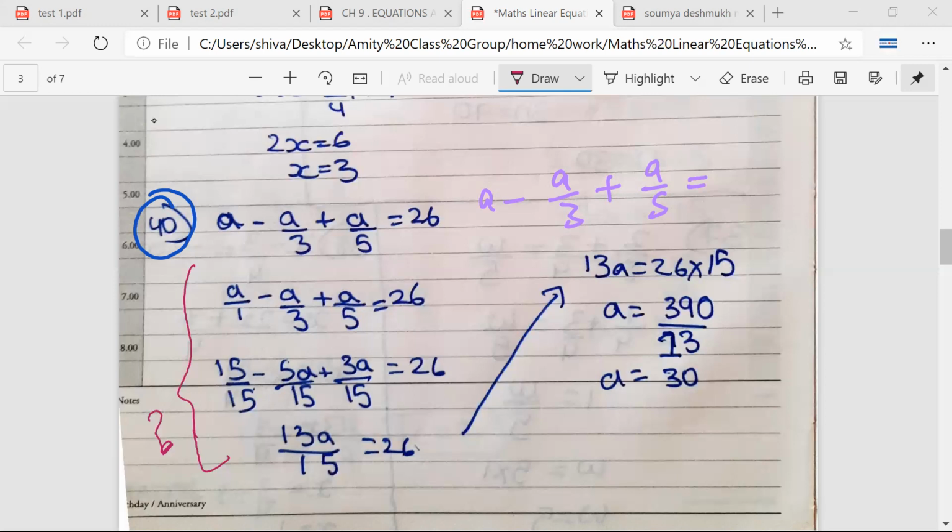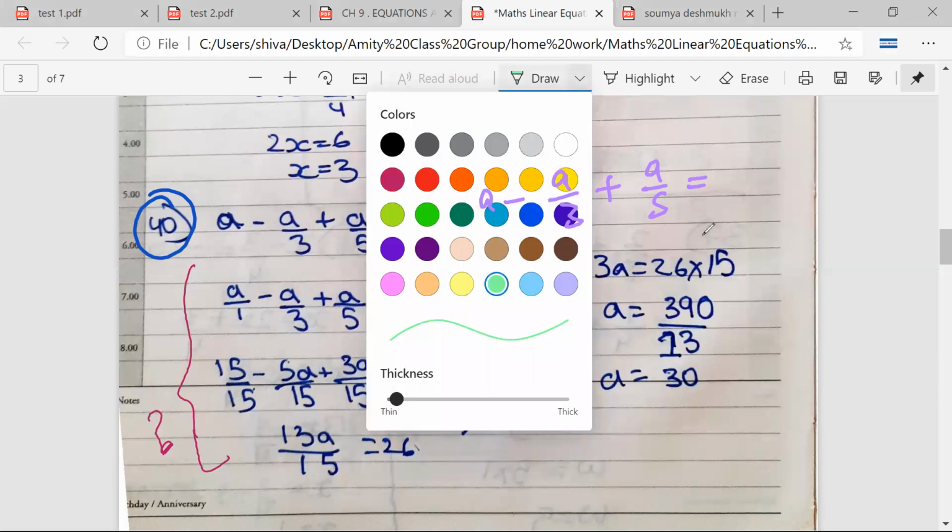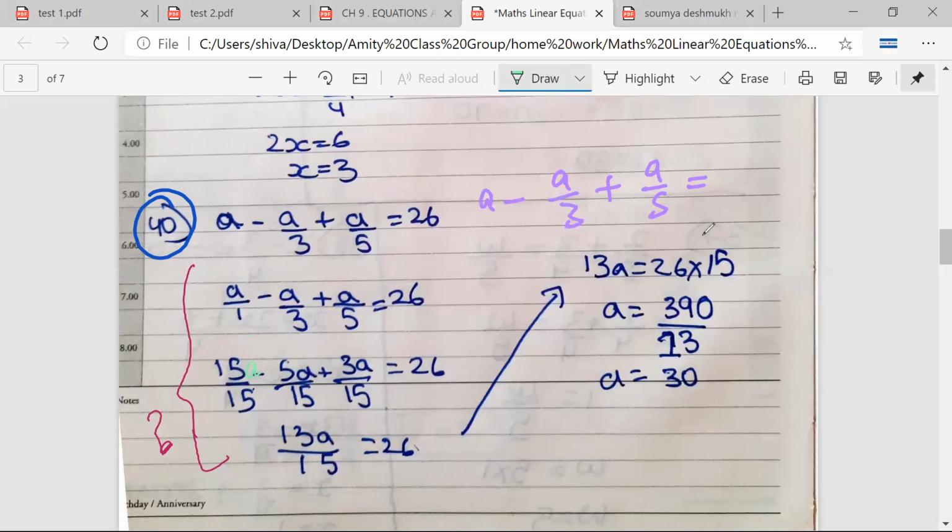And then I think the only thing which is missing is a a. I think that is the problem. So you should be writing a a here. Yeah. So 15 plus 3, 3a is 18a minus 5a is 13a. Rest is okay. There is a small problem here, about which I had a doubt, what the issue is.